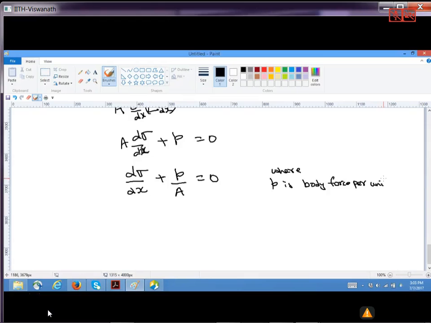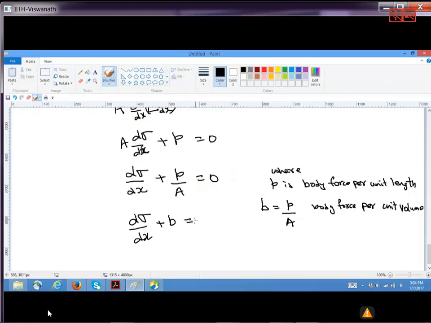Let me define small b as small p divided by A, which is body force per unit volume, because p is per length and divided by area, b should be body force per unit volume. Then I can write this as d sigma by dx plus b equals 0.